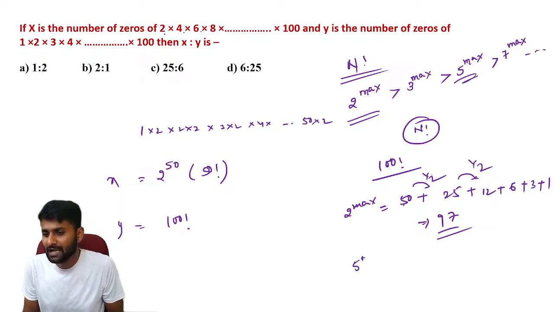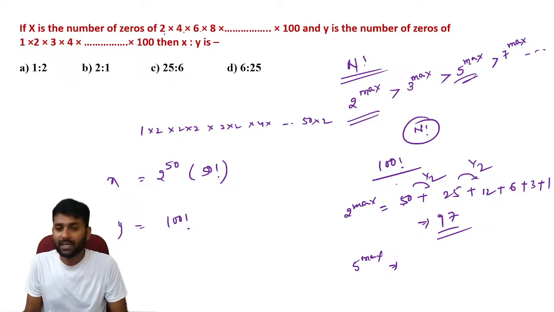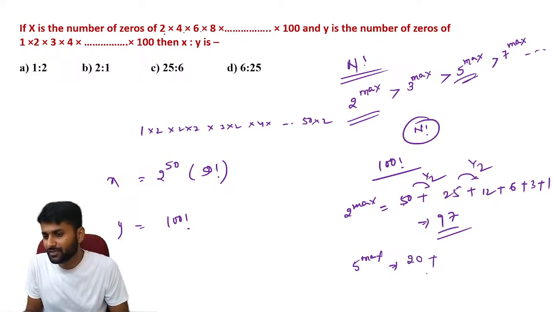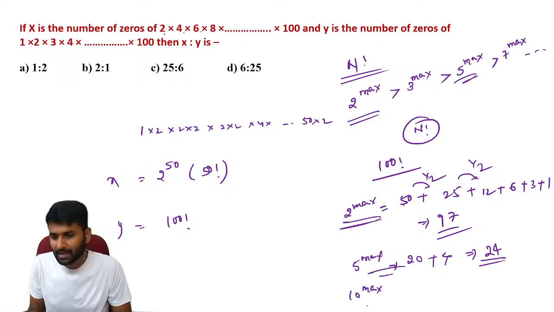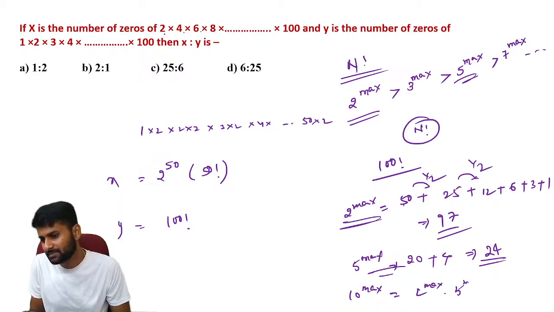In the same way, identify the 5 maximum. So you have to divide by 5. 100 divided by 5 is 20, and 20 divided by 5 is 4. Here the total number of 5's is 24. If you observe, guys, the number of zeros depends on the number of tens. Here the 10 maximum can be taken as 2 maximum into 5 maximum.